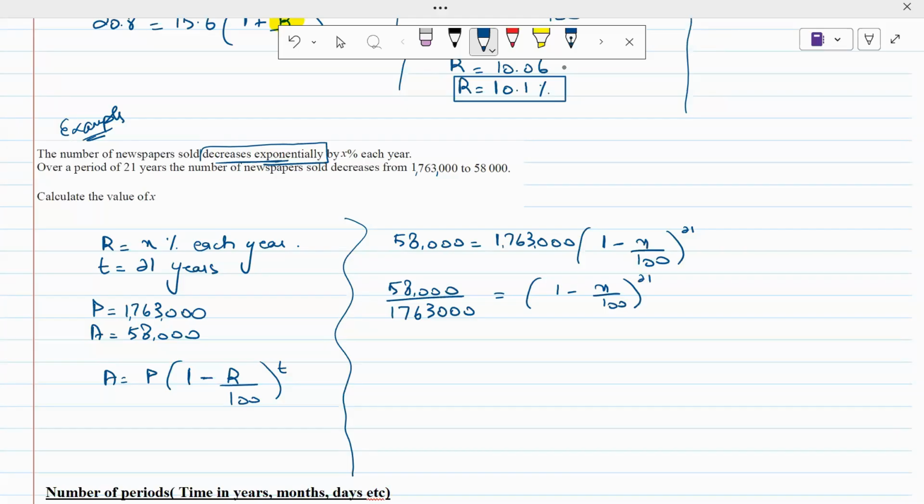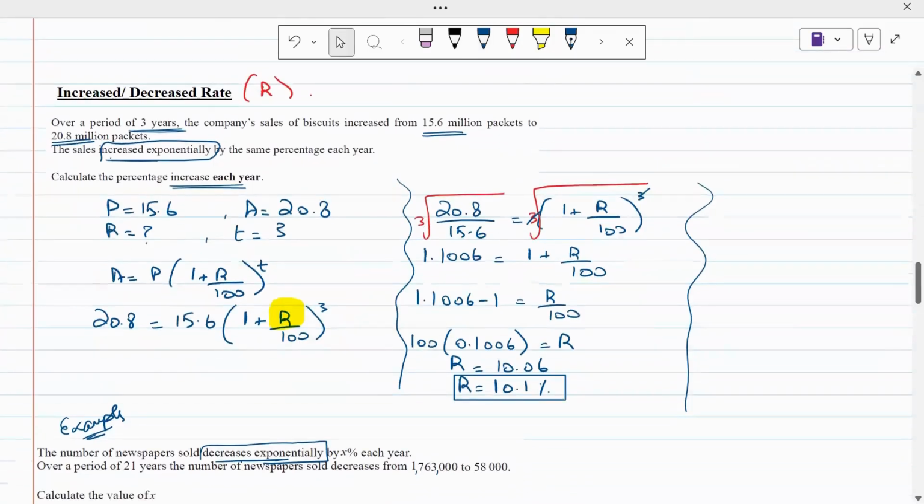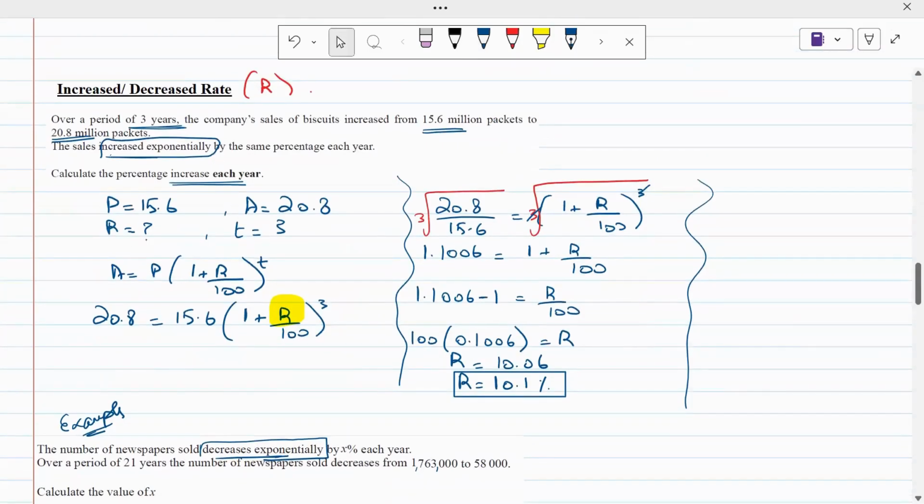Now at this stage, students get confused about how to get rid of this power 21. And the simple rule is, look, previously it was a power 3 to be finished, so we took a cube root.